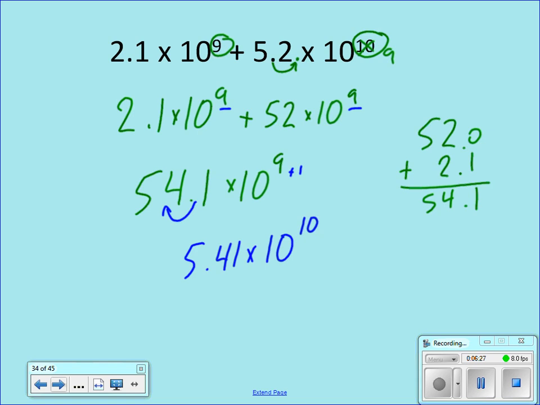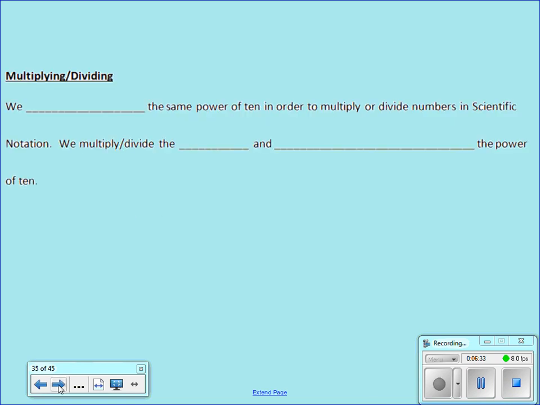So that's adding and subtracting. Adding and subtracting is actually a little bit harder than the multiplication and division. Now I think it's going to get a little bit easier: multiplying and dividing. We do not need the same powers of 10 in order to multiply or divide numbers in scientific notation.